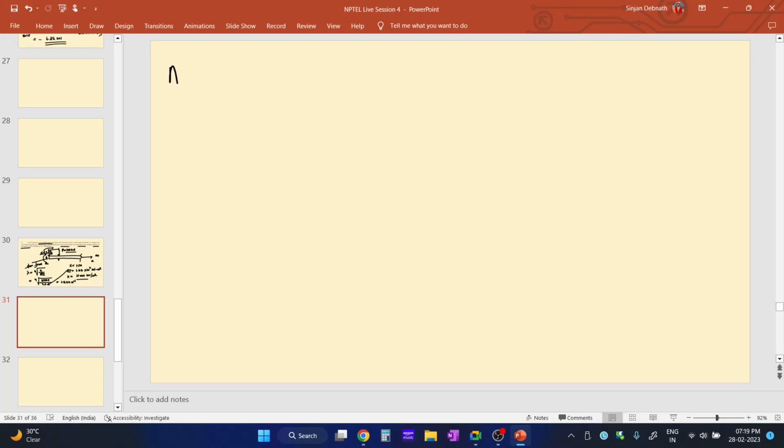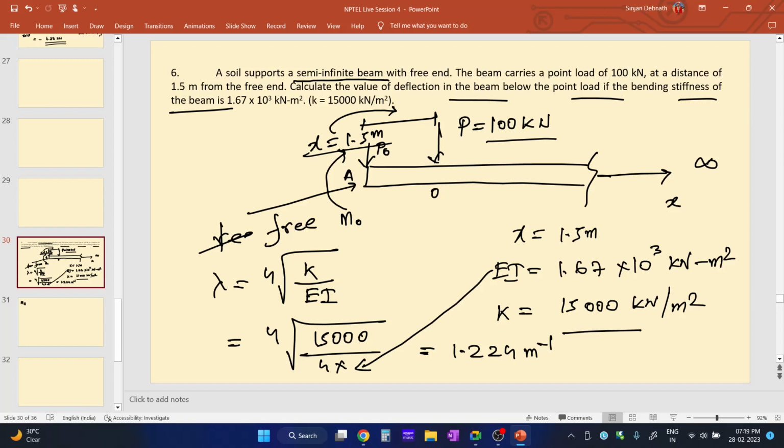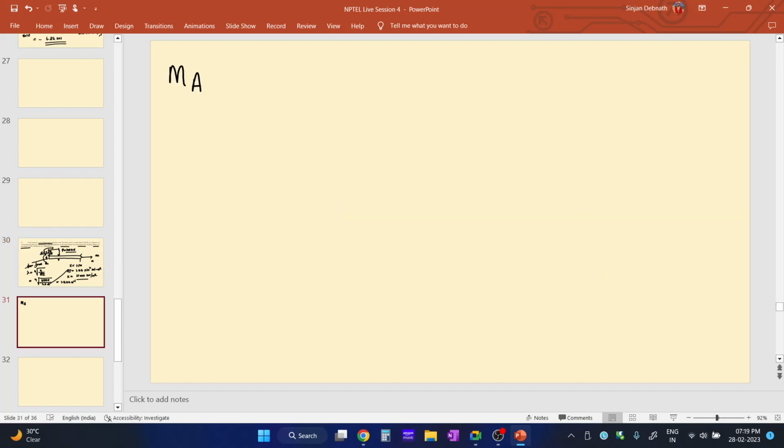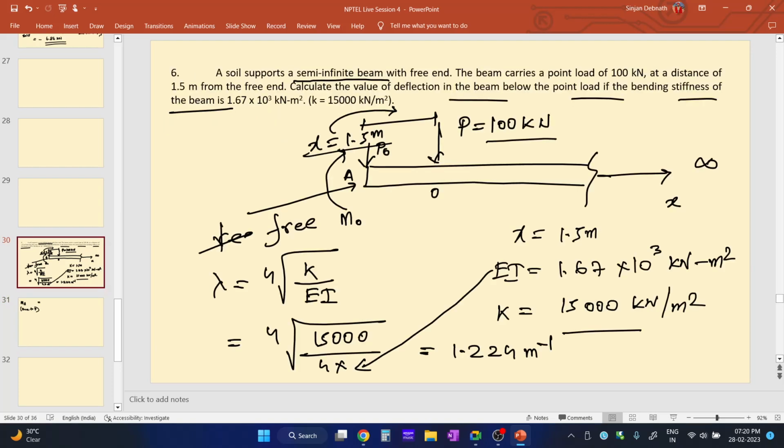We need to find out MA. This is the moment that is generating due to P. So what is the moment that is generating due to P? That is MA, due to P, meaning this load. For this load, what is the moment that is generating?